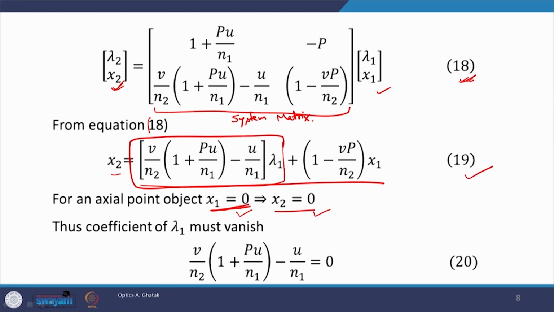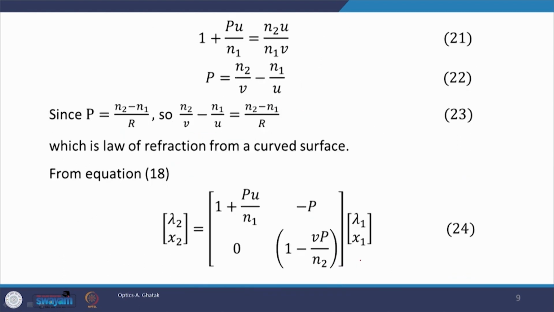Therefore, the coefficient associated with lambda 1 must be equal to 0, and therefore, we will equate this term in the bracket to 0. Now, if you equate this term to 0, then we will get this relation, which is equation number 20. Okay. For axial point object and axial point image, we will get equation number 20.